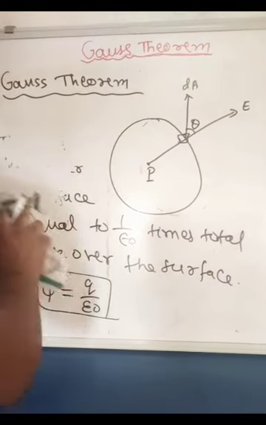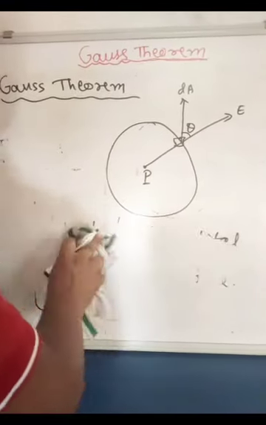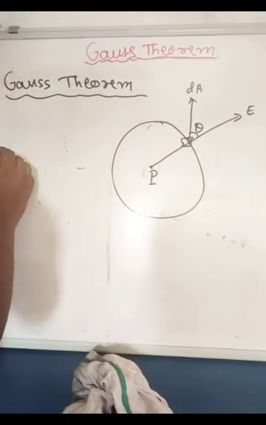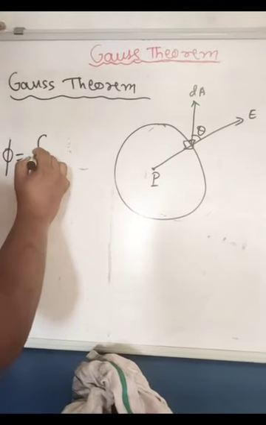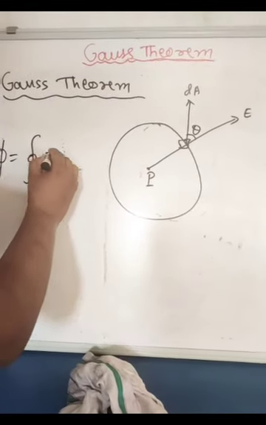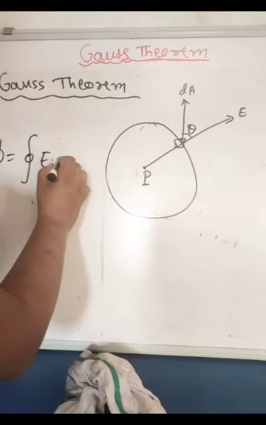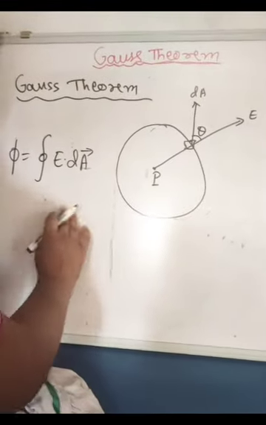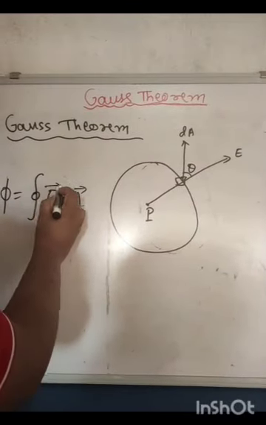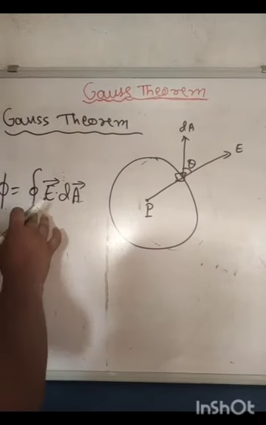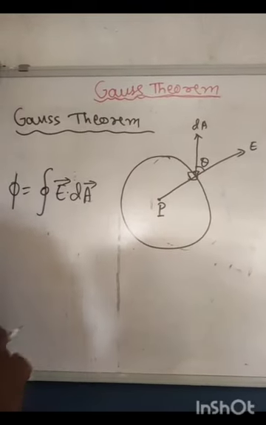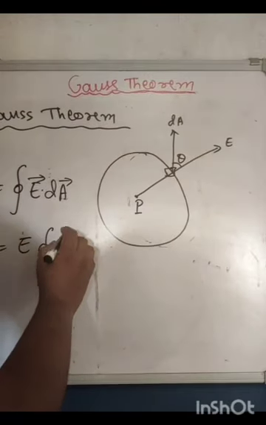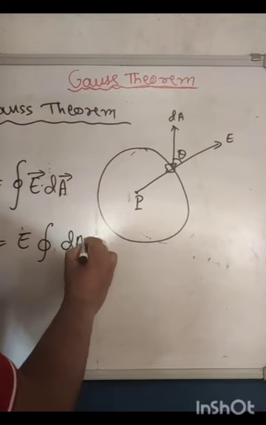Now we have to understand that phi over any closed surface is equal to the closed integral of E dot dA vector.